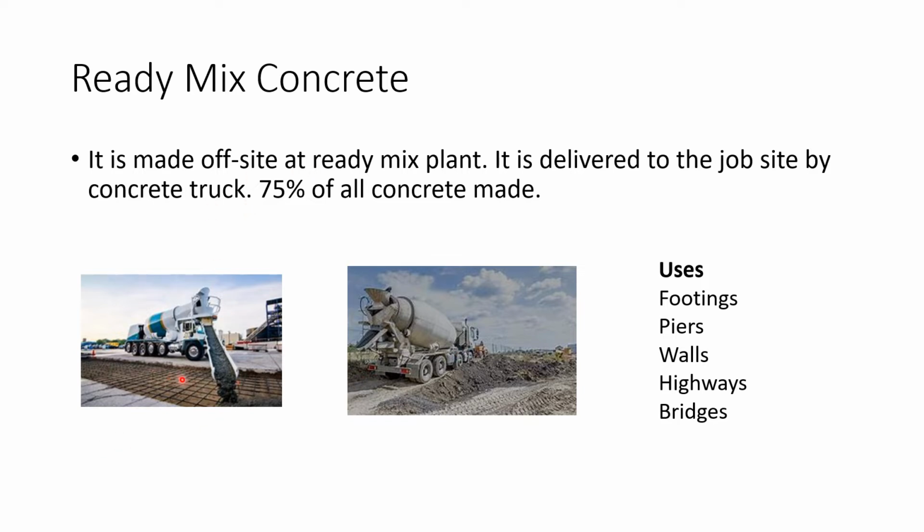They transport the mix to the job site with a concrete truck. You can see concrete trucks all the time on the road. About 75% of all concrete is made that way. We use it for footings, piles, walls, highways, and bridges.